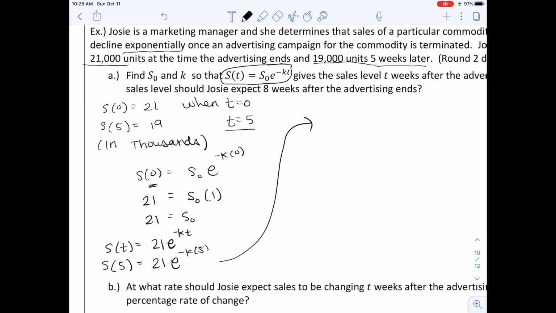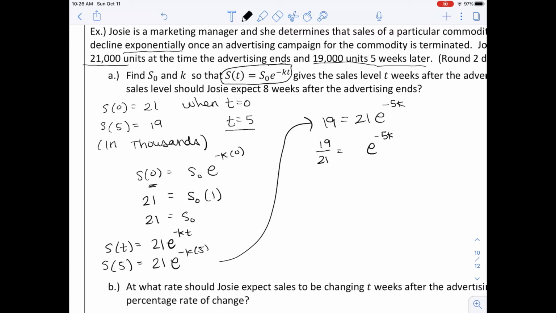And S of 5 we know is equal to 19. Solving this is going to require us to divide by 21. So we have 19 divided by 21 equals e to the negative 5K.